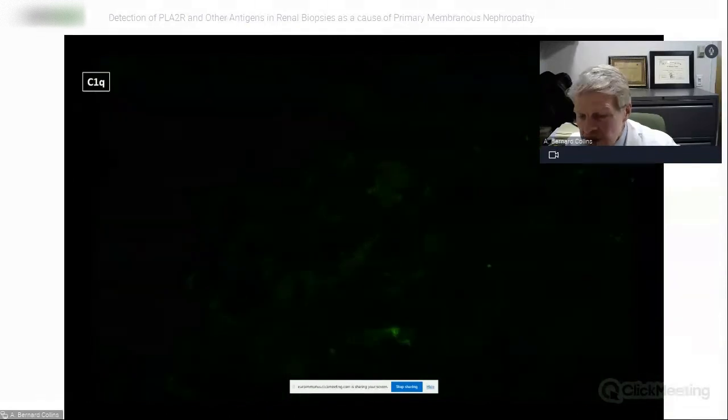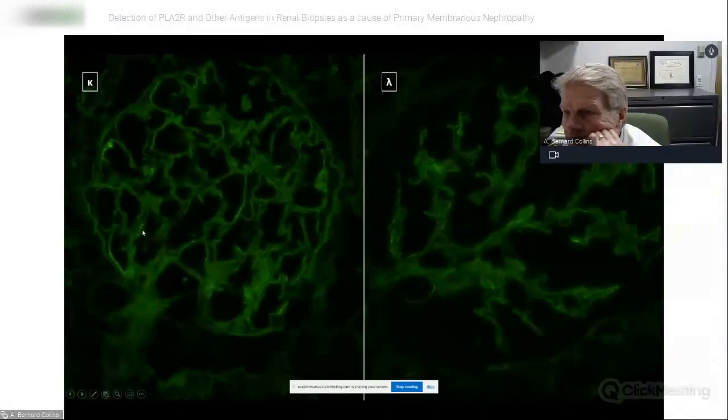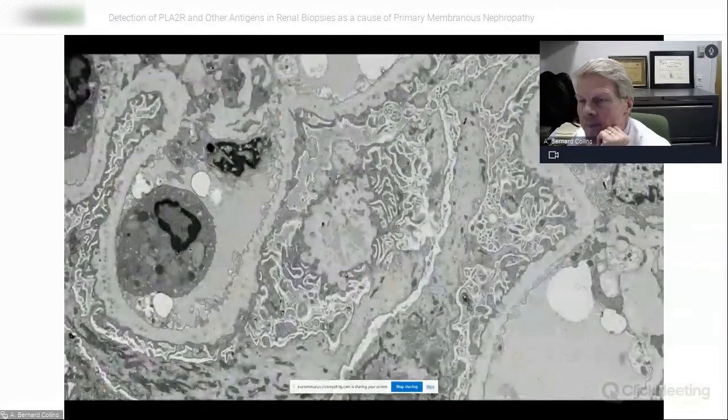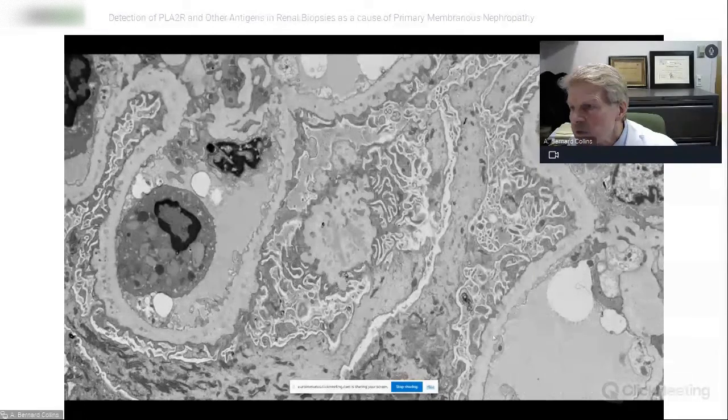The C1q was negative, and both light chains had a little segmental granular staining, as you can see, but very limited. But our eyes were amazed when we saw the electron micrograph. What do we see? We see immune deposits in the GBM, very characteristic of membranous. I hope everyone can appreciate that.